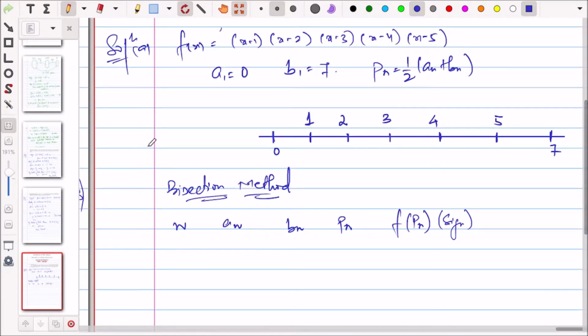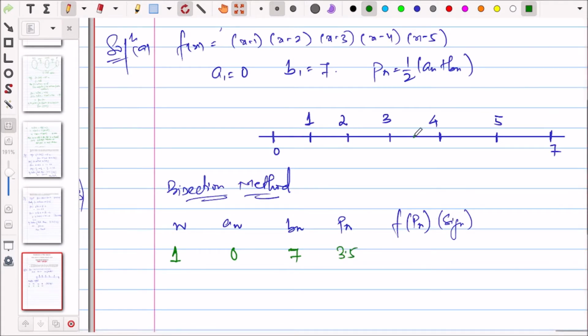When n is equal to 1, a1 is 0, b1 is 7, and then p1 will be the midpoint of this, which is 3.5. Because 3.5 lies here, these three brackets will be positive, and two will be negative, because x is smaller than 4 and 5. So three positives and two negatives, so overall this will be positive.